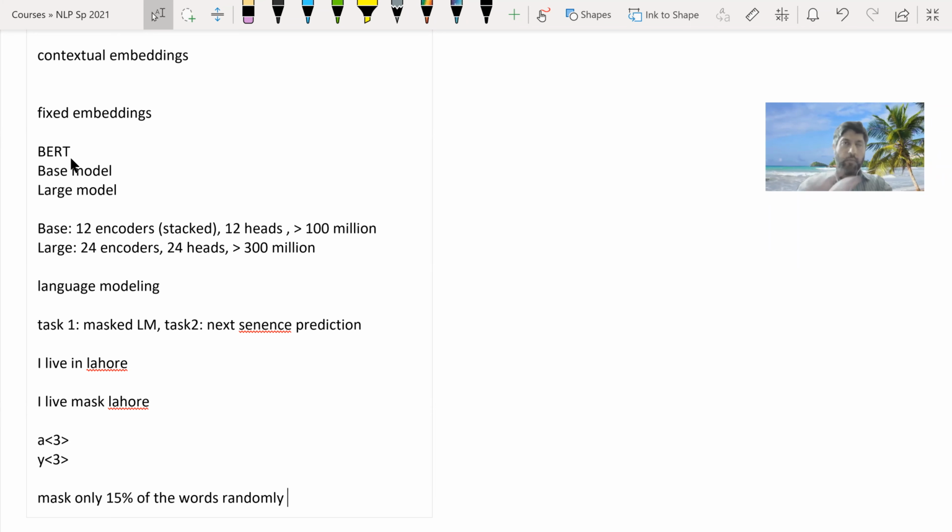Okay? So only 15% of the words from whatever corpus you have are masked, and these are chosen randomly.